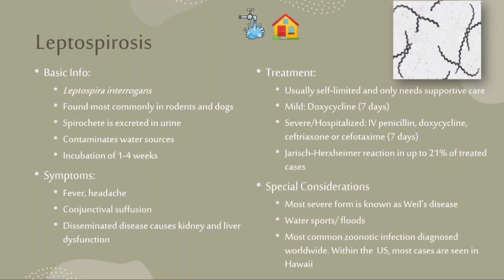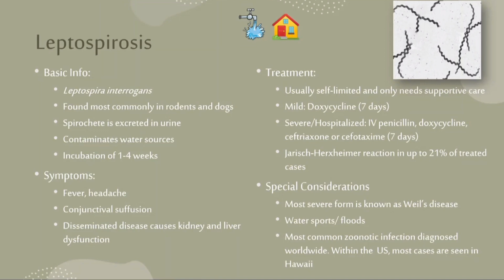These can be confused with rickettsial diseases, so if there is any confusion about what you're treating here, you should always go for the doxycycline, because the penicillins and the cephalosporins don't cover that as well. So if you are treating because you think it's leptospirosis, but there is any thought that this could be a rickettsial disease, then go ahead and use the doxycycline.